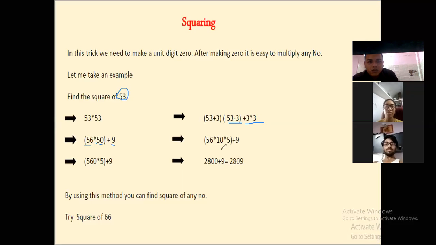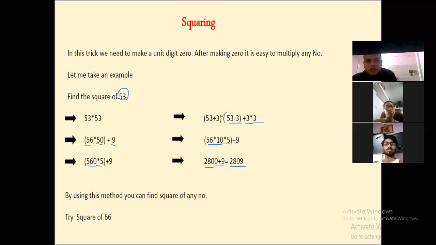what we do? Again, 50 we write as 10 into 5. Now 56 into 10 becomes 560, into 5 plus 9. Now 560 into 5 is 2800, and plus 9 is 2809.